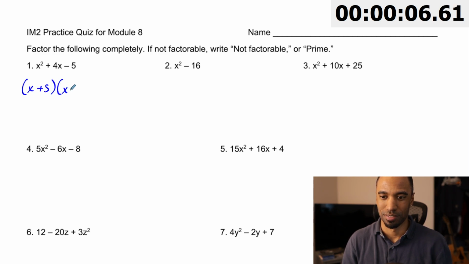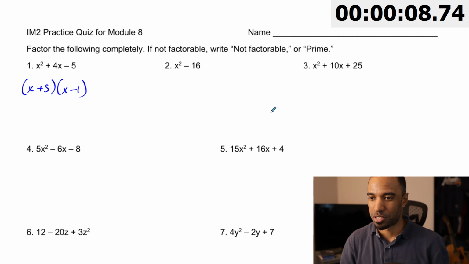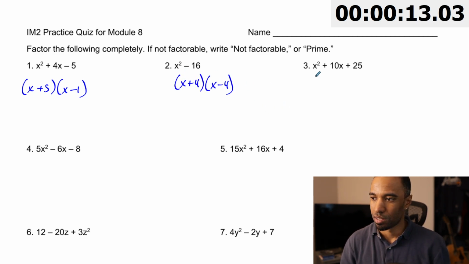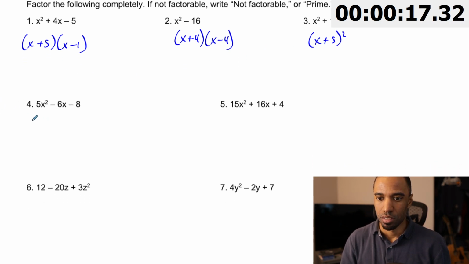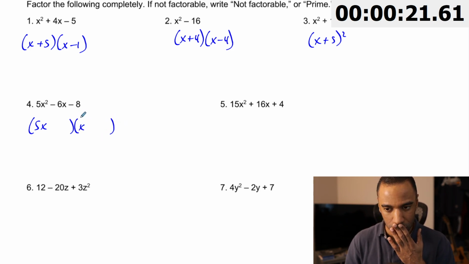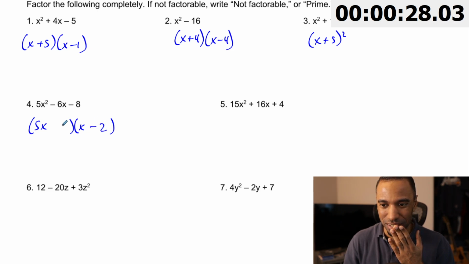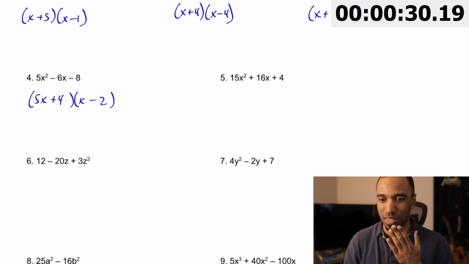Uh-oh. I'm not going to box anything here. Shoot. No. Okay, I got it.